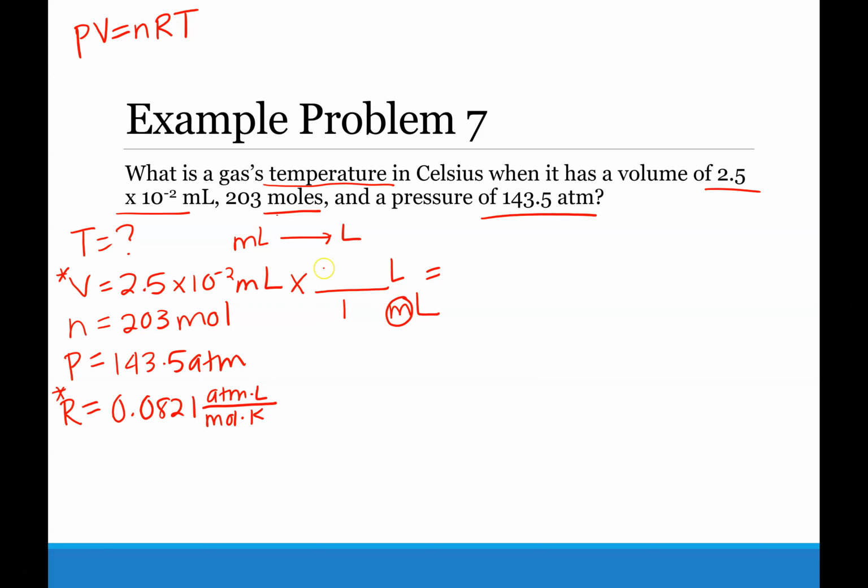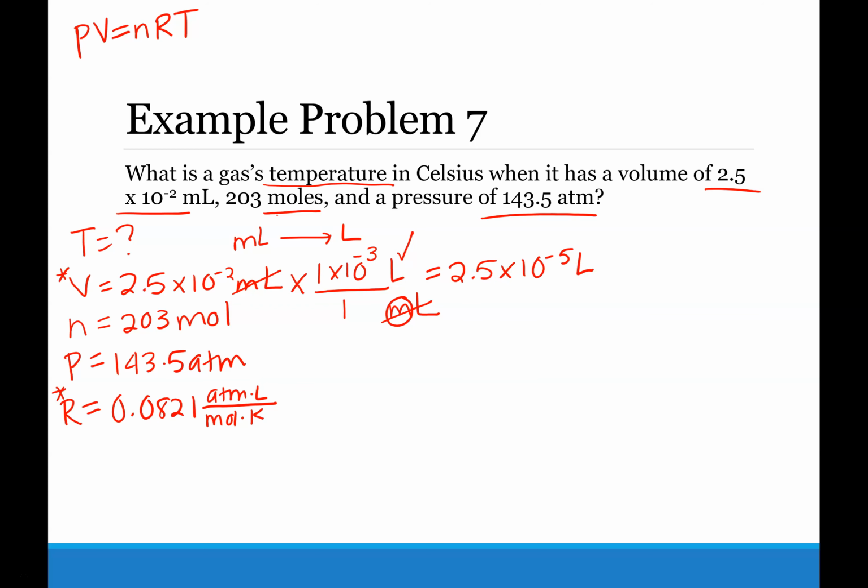The metric system constant for milli is 1 times 10 to the minus third. So milliliters cancels and you're left in liters. In your calculator, you should write 2.5 times 10 to the minus 2 times 1 times 10 to the minus 3. And that will equal 2.5 times 10 to the minus 5 liters.